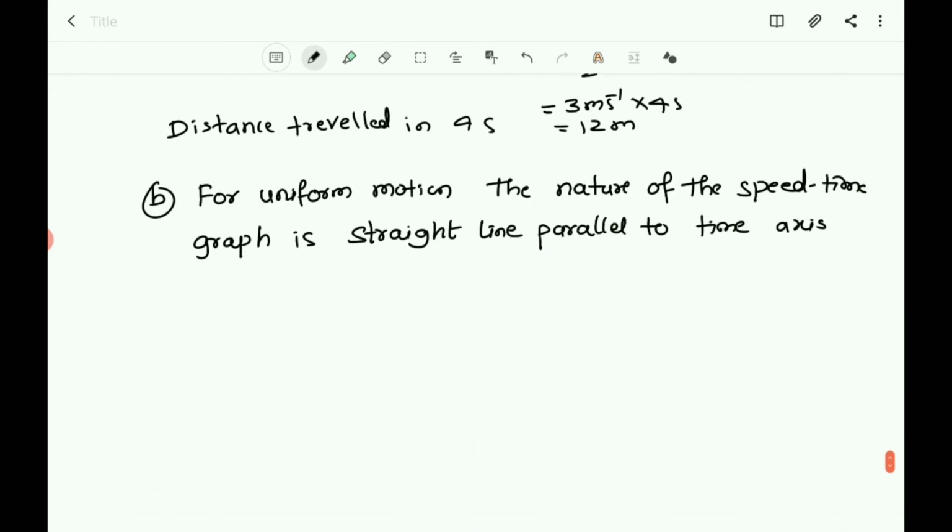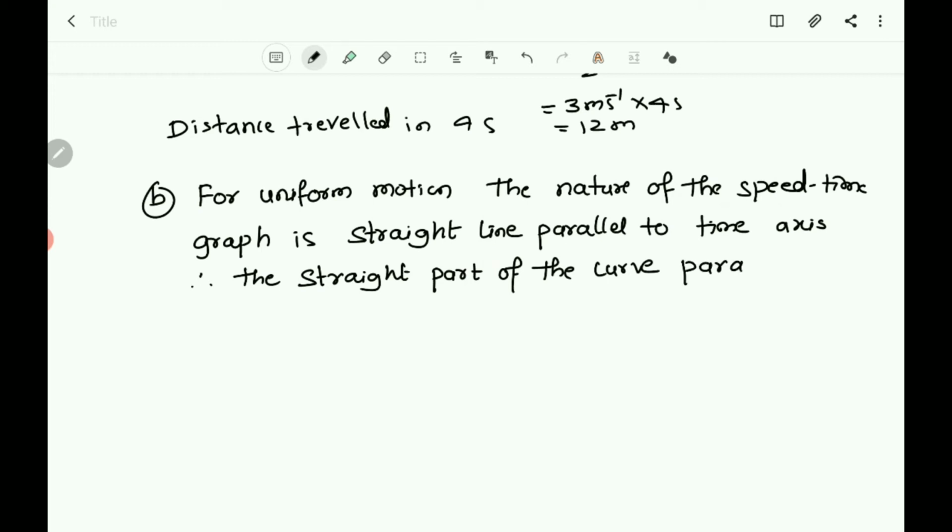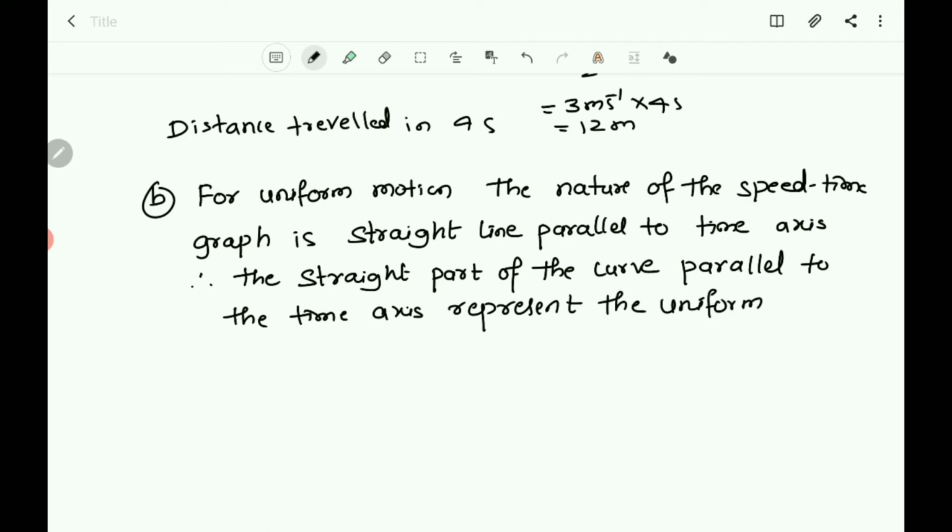Therefore, the straight part of the curve parallel to the time axis represents the uniform motion of the car.